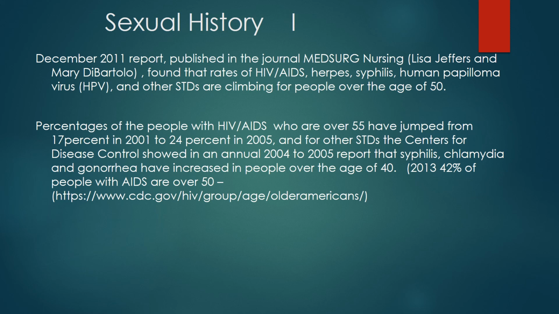The number of people that are over 50 with HIV now is pretty substantial. You know, almost half, or at least 42% of the people with AIDS are over 50. So it is a cohort that does seem to be aging somewhat. Younger folks have been way more aware of safe sex practices, and so it is something to be thinking about as far as doing tests and considering screening if you have anything that makes you believe that there's a risk factor there, that you should do that.